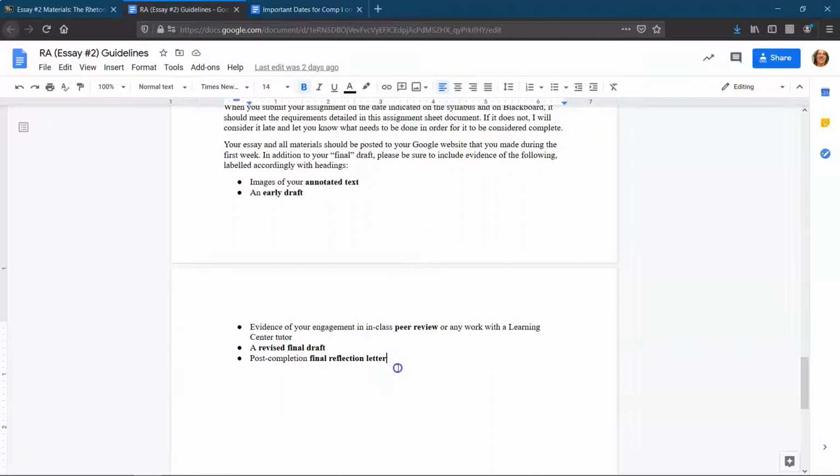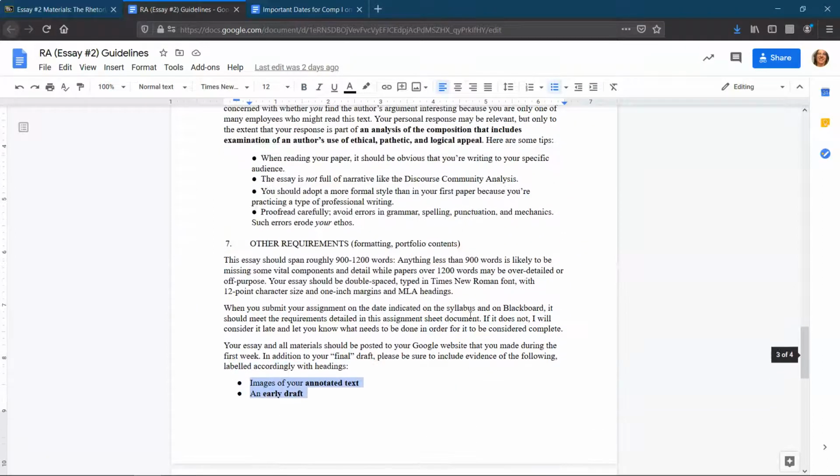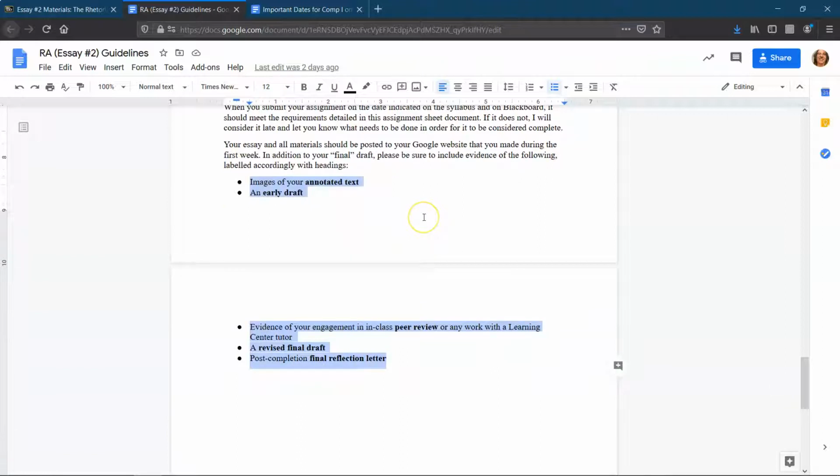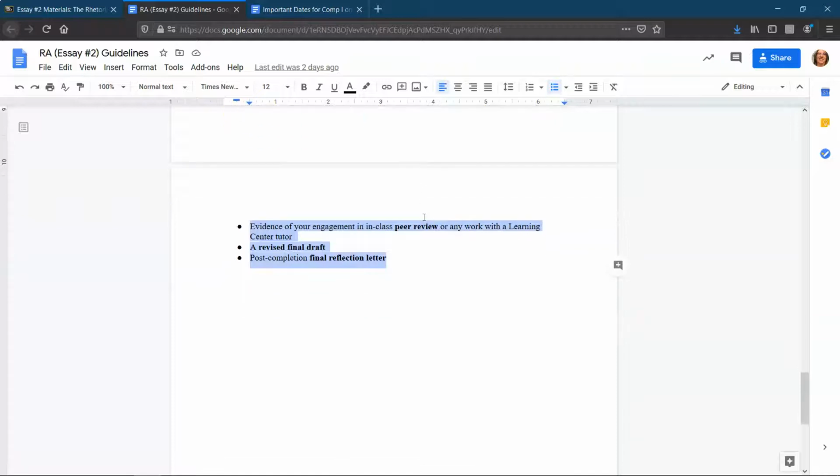In terms of portfolio work, what needs to be included on your Google site for this particular paper is images of your annotated text, which will be basically images of the notes you take on the article, and I'll talk about that in a moment. And of course, as always, you should keep your early draft and your peer review work separate from your revised final draft so you can include it on your Google website or your electronic portfolio.